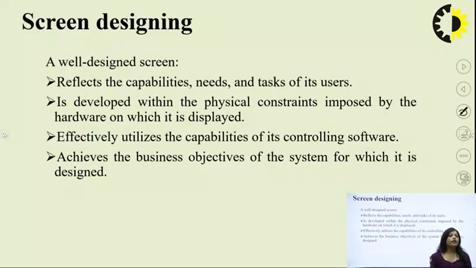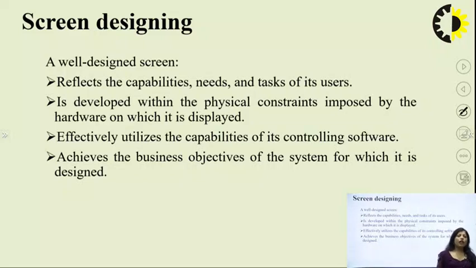So there are some physical constraints which the designer has to follow when creating the design or making the screen, which are imposed by the hardware on which it is displayed.